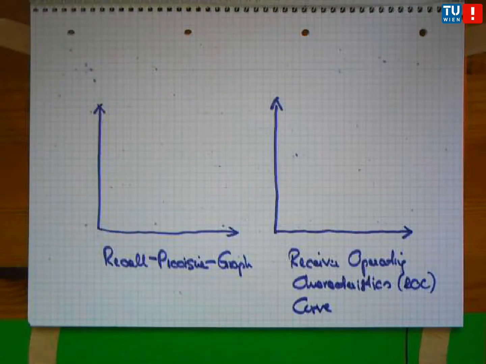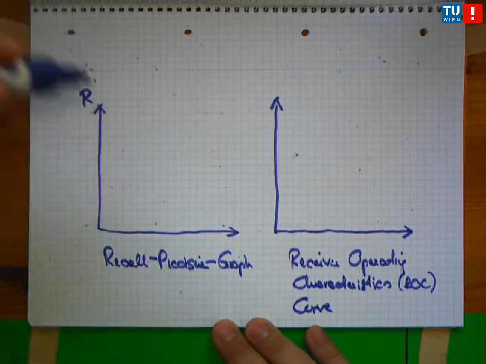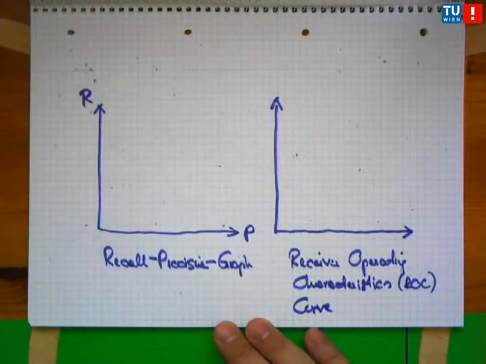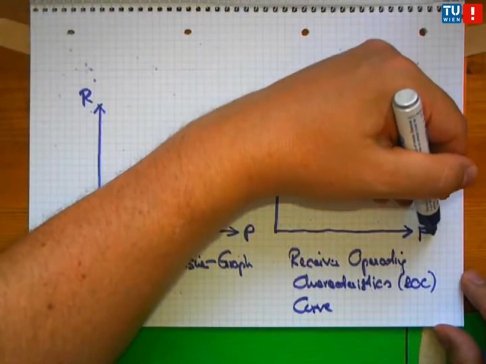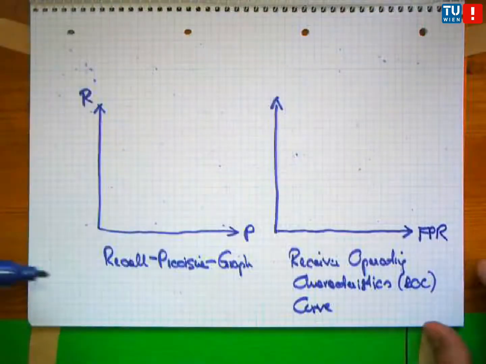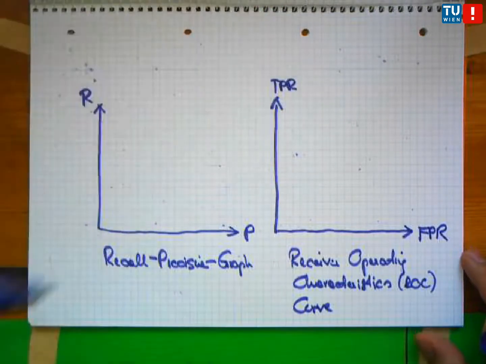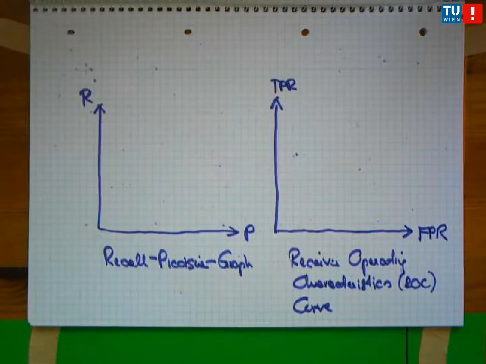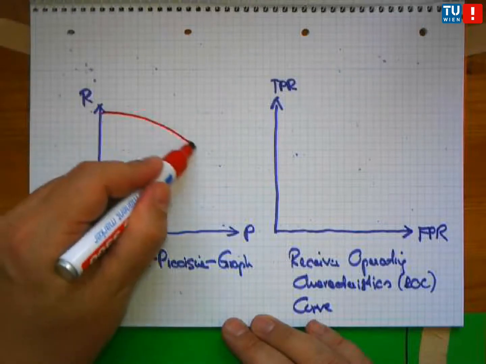The recall and precision graph usually shows the recall here in the top dimension and the precision here. The receiver operating characteristics usually show the false positives rate here, or the fallout, and the true positives rate here, or the recall. The desired curves are for a recall and precision graph to be as far out as possible.